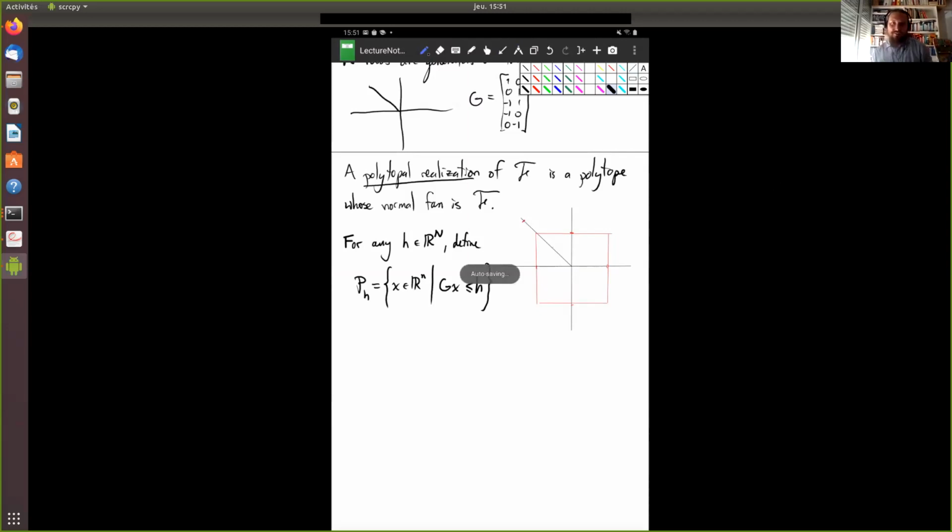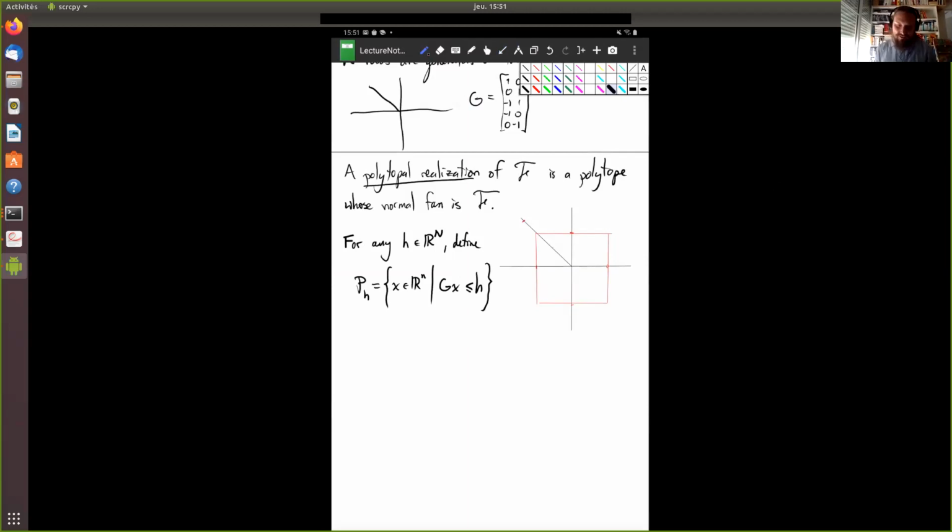If H is not chosen carefully, then it might be something like this drawing here, and it's not a polytopal realization of the fan. So what we want to describe is the space of all H's such that P of H is a polytopal realization of the fan.